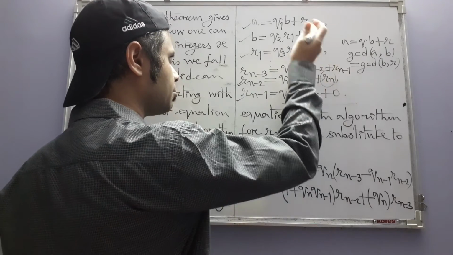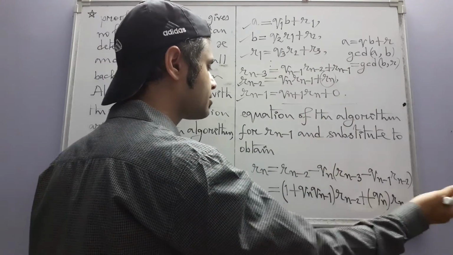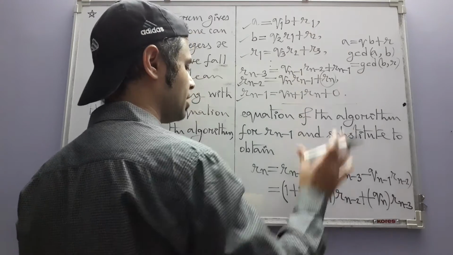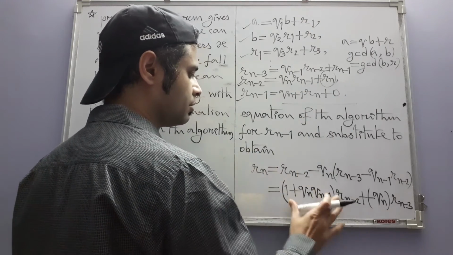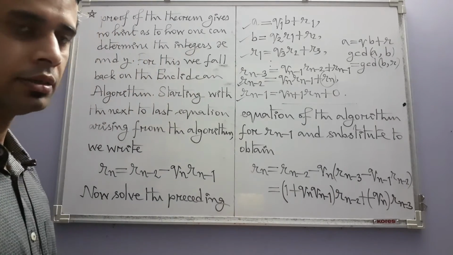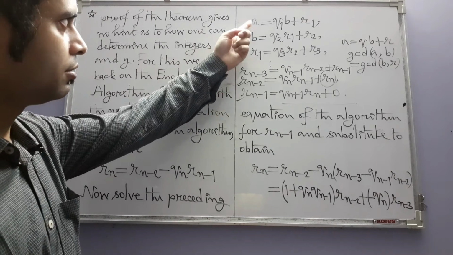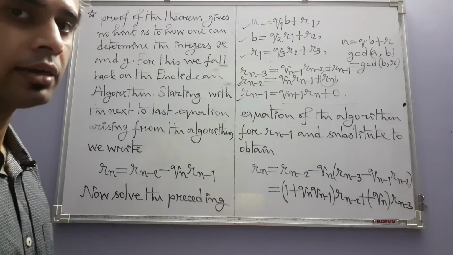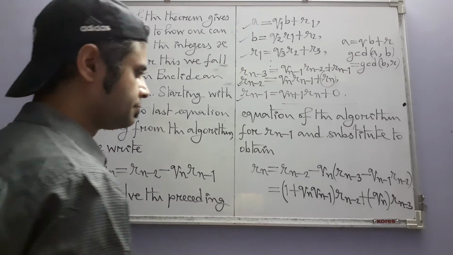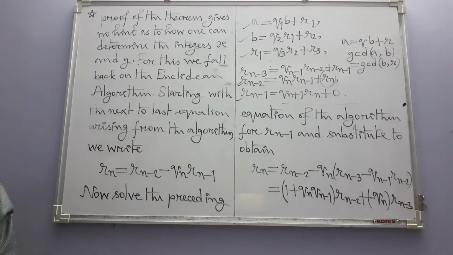Now we are going up, then Rn minus 2 and Rn minus 3. In the next step we will have a linear combination of Rn minus 3 and Rn minus 4 expressing Rn. This way if we continue, at one stage we will get to A and B. That's what the author next writes.